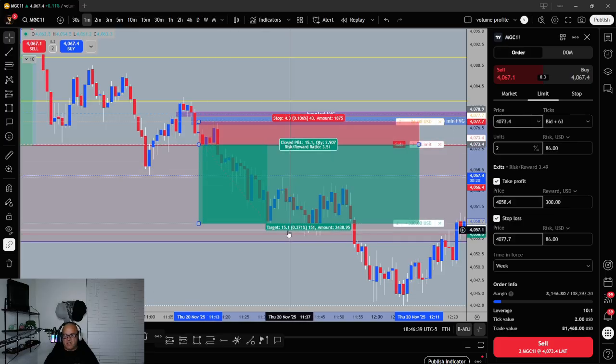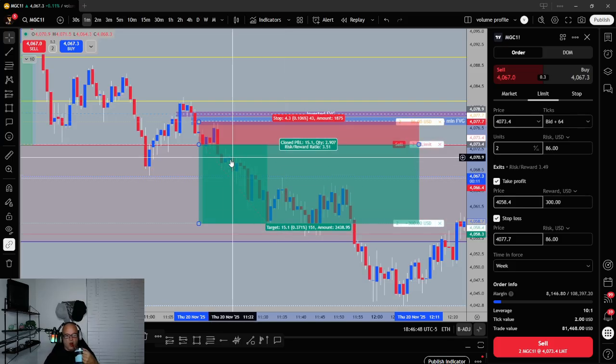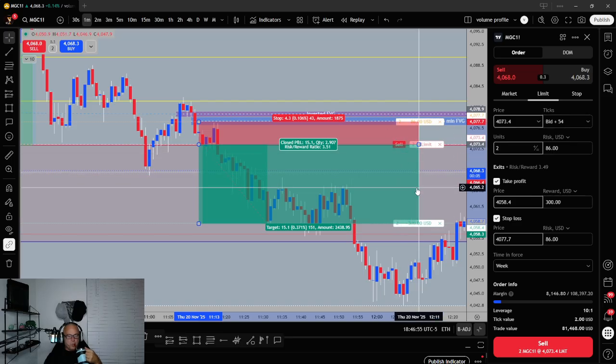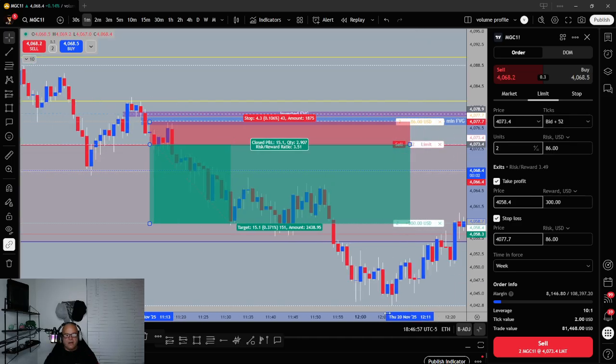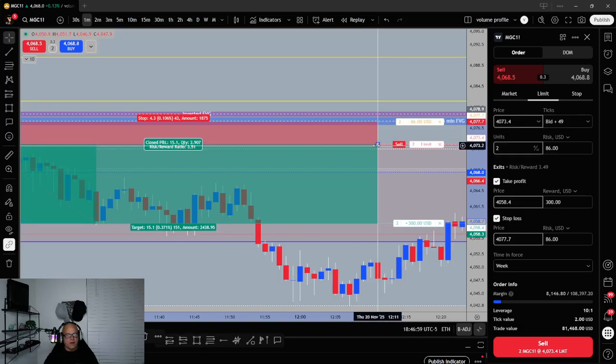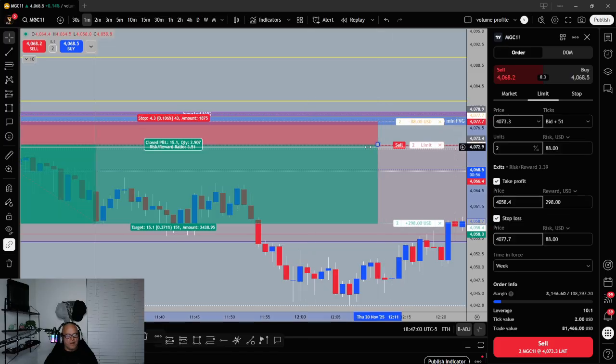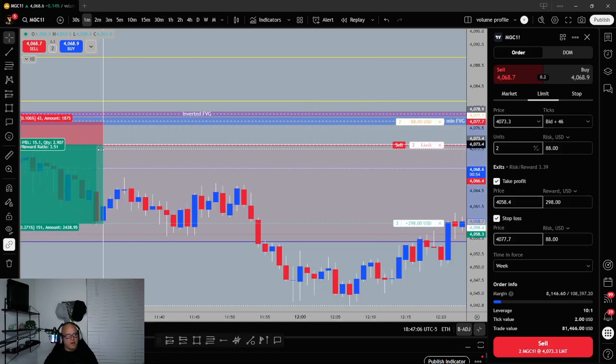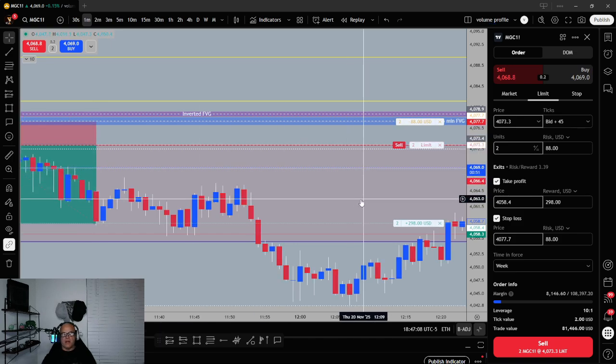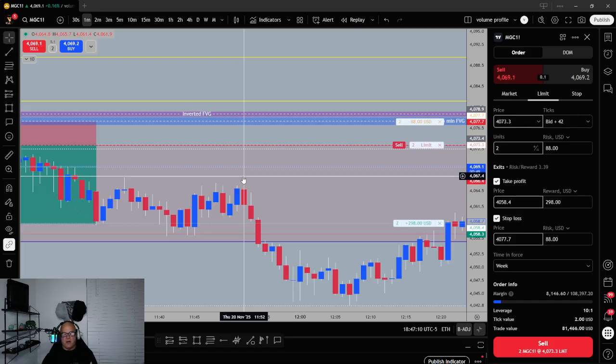I only need 15.1 points or 151 ticks to get my $300 profit. And we actually hit that profit a lot sooner than we would have if we just had one contract on. This is how I manage trades.